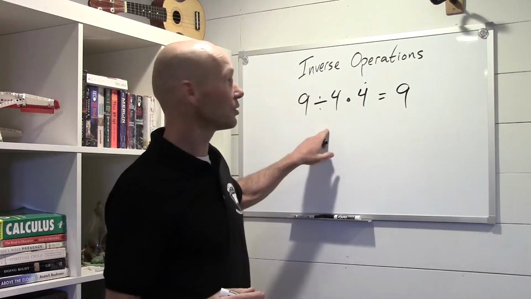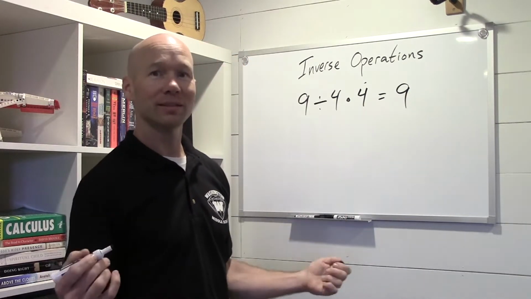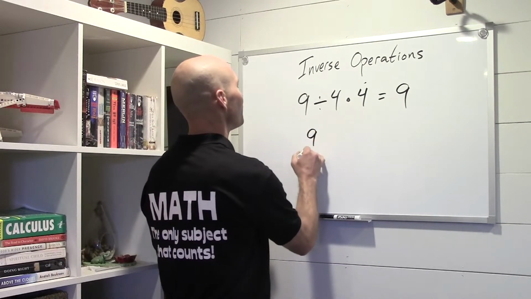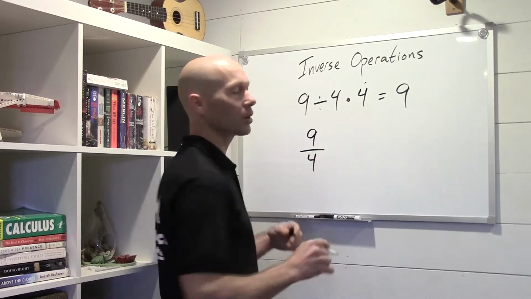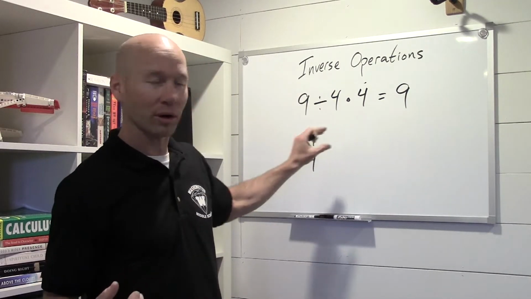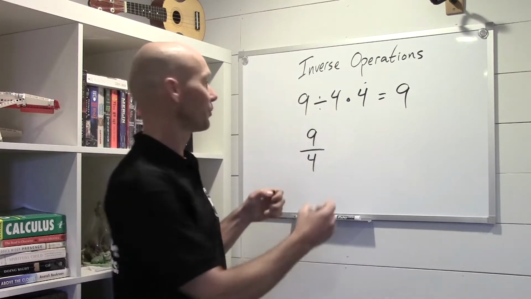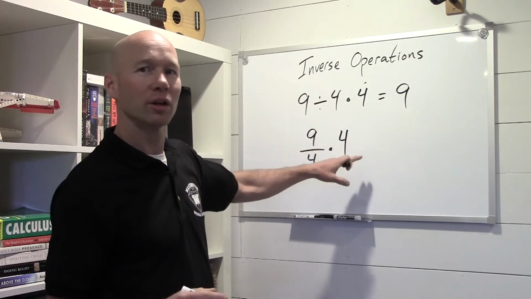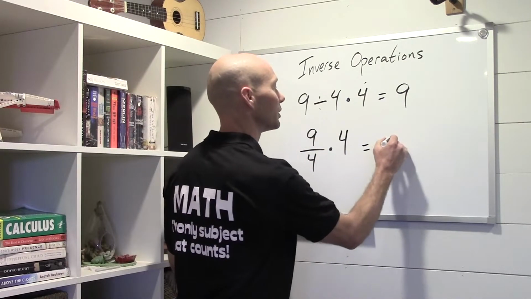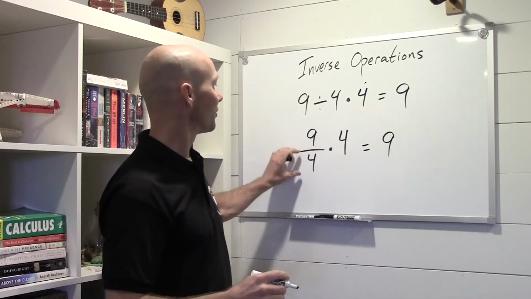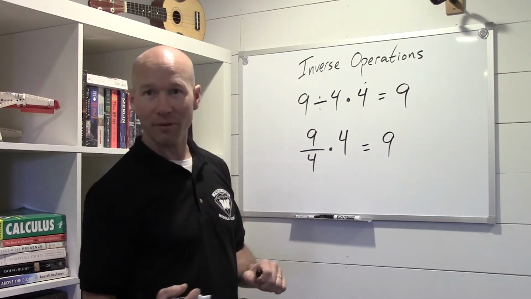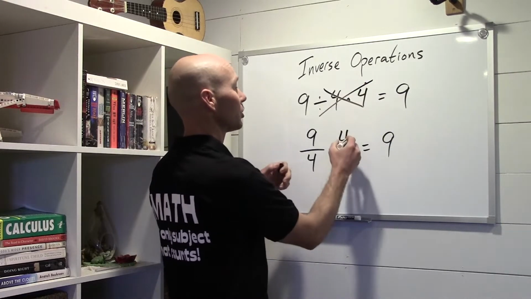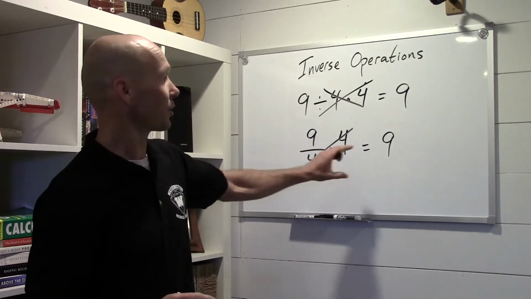Now a better way to write that, which we're going to do the rest of the time, is to write 9 divided by 4 as a fraction, and we're going to say times 4. 9 divided by 4 times 4 equals 9, because when we divide by 4 and then multiply by 4, a divisor of 4 and a multiple of 4 cancel each other out.